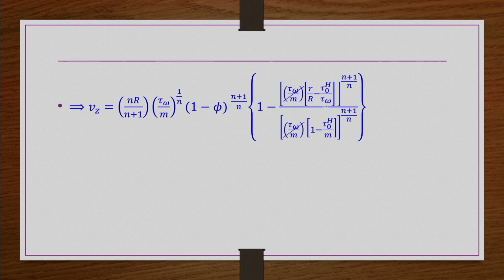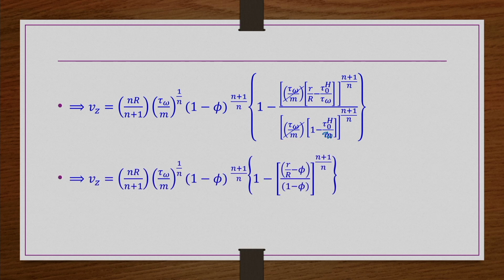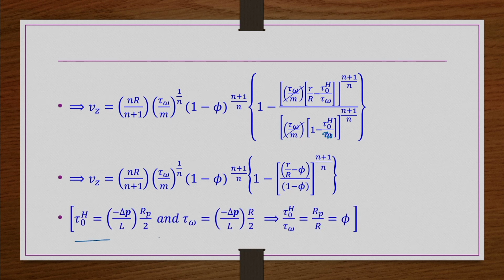Here tau naught h by tau w, here also tau naught h by tau w, I write as phi. So, I have (R by R minus phi) divided by (1 minus phi) whole power (n plus 1) by n, right. This we already know: R p by R equals phi. In the next step we take the LCM, and then we cancel out this (1 minus phi) power (n plus 1) by n with the denominator (1 minus phi) power (n plus 1) by n.